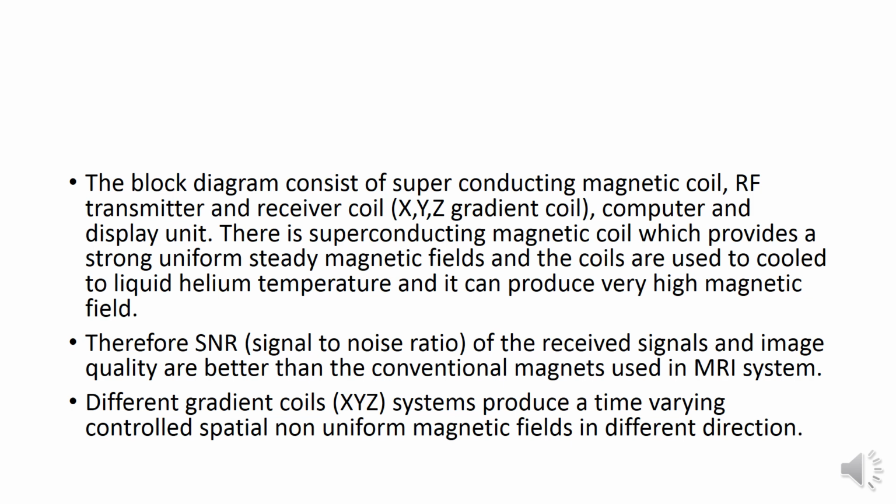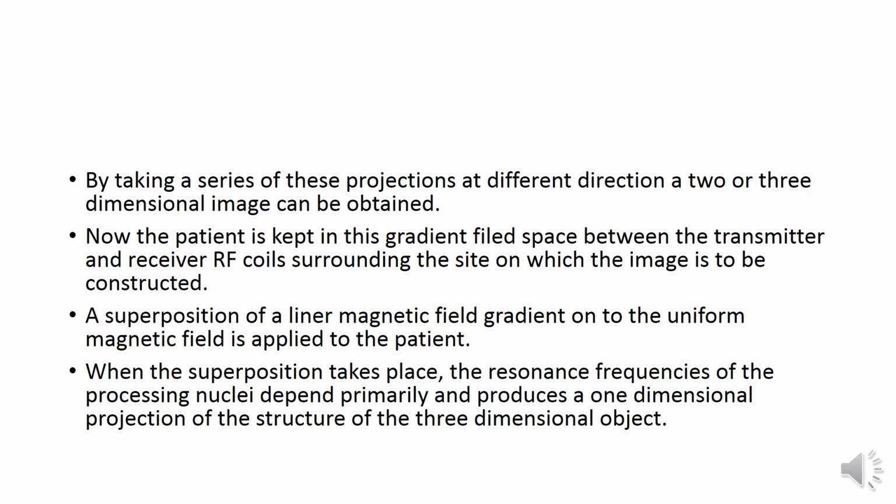Therefore, the SNR, that is the signal to noise ratio of the received signal, and the imaging quality are better than the conventional magnets used in MRI systems. We have different gradient coils, that is X, Y, Z. This system produces a time varying, controlled, spatially non-uniform magnetic field in different directions. By taking a series of projections in different directions, a two or three dimensional image can be obtained.